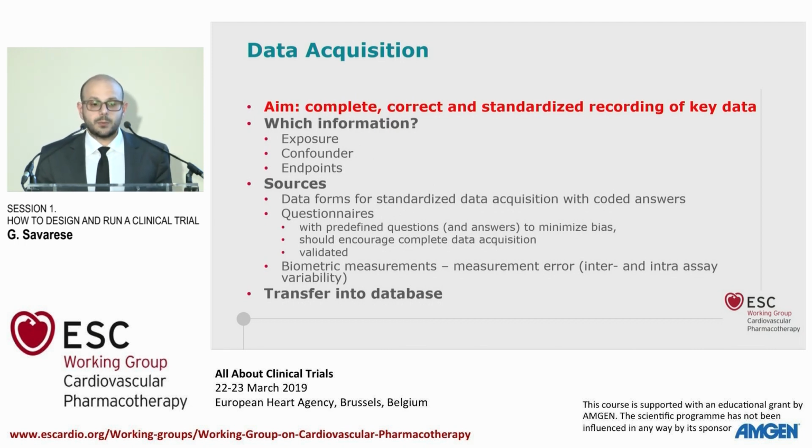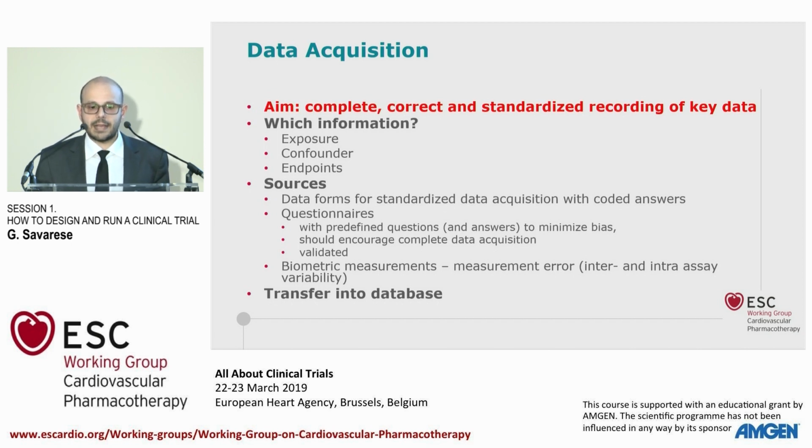Data acquisition is very important. The aim is to have a complete, correct, and standardized recording of key data. Which information should be collected? First of all, exposure, confounders, and endpoints. The sources could be different. For example, data could be already collected in a registry.